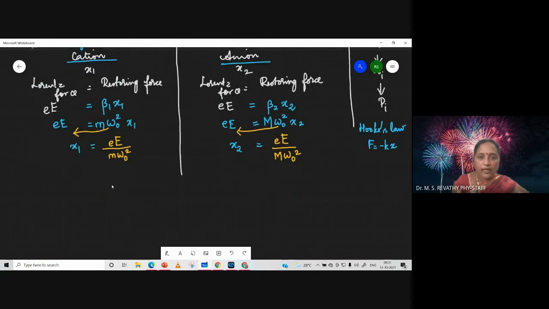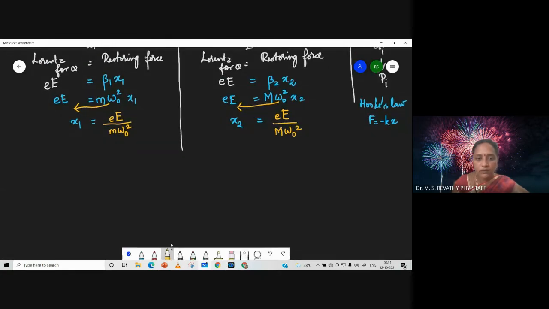Now we have to calculate the total displacement. This total displacement will be the sum of both. So total displacement x is equal to x1 plus x2. Let us substitute those: E divided by small m omega naught square plus E divided by capital M omega naught square. Let us remove the terms which are similar.